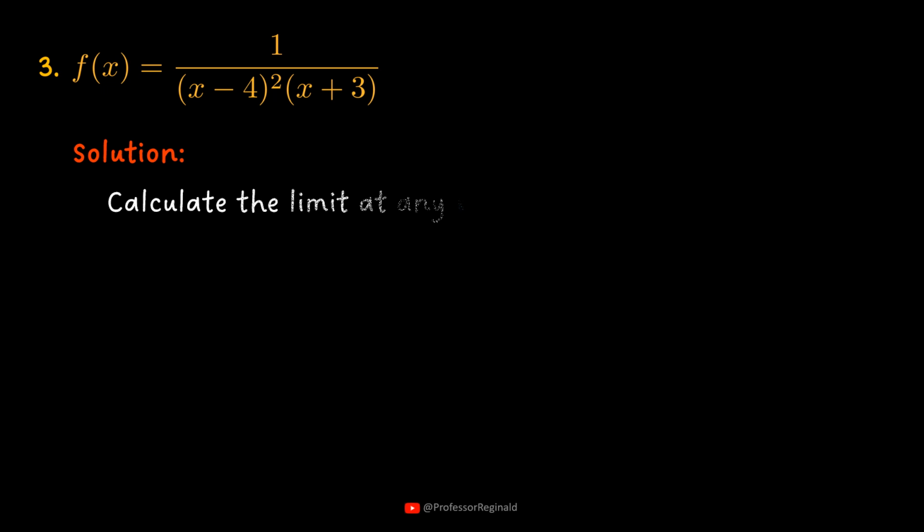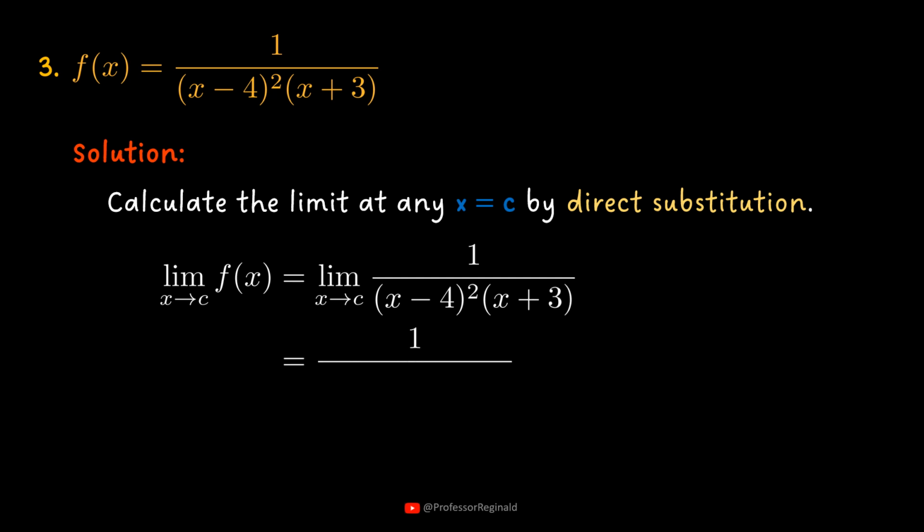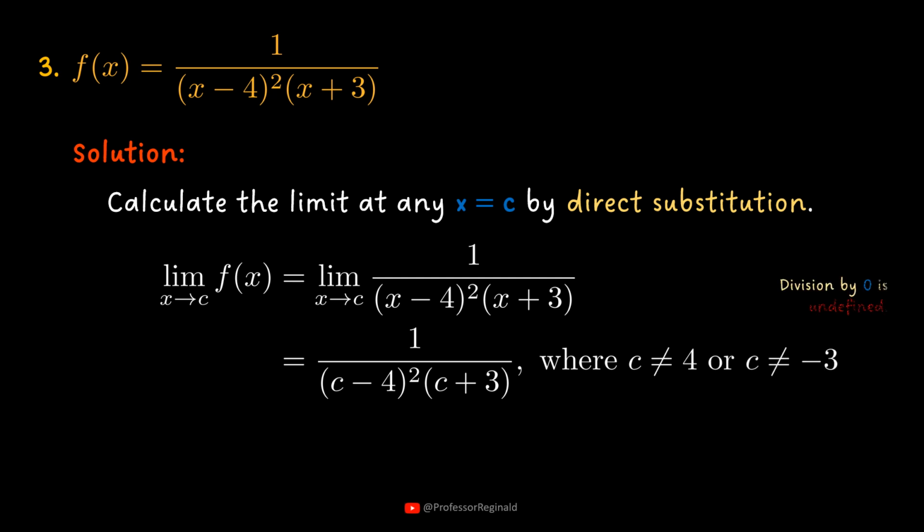Calculate the limit at any x equals c by direct substitution. c equals 4 and c equals -3 are not allowed because the denominator becomes 0.